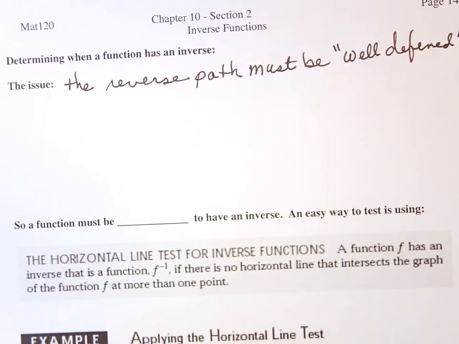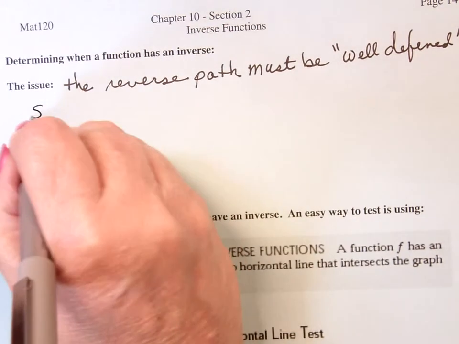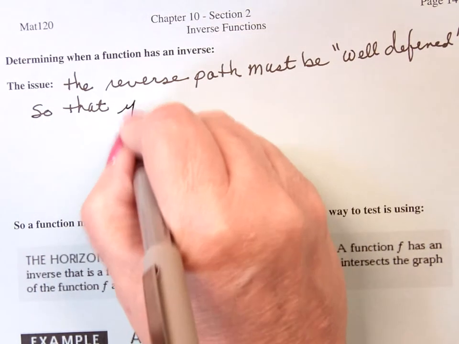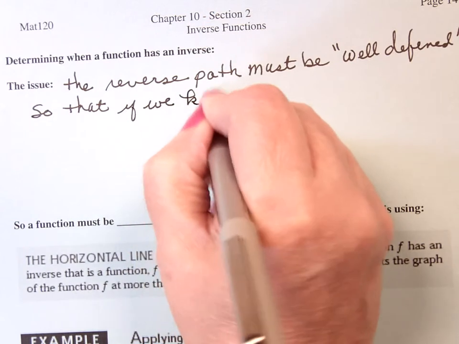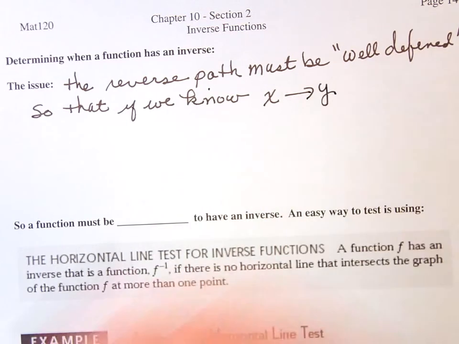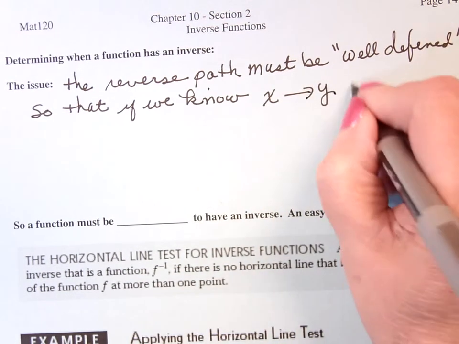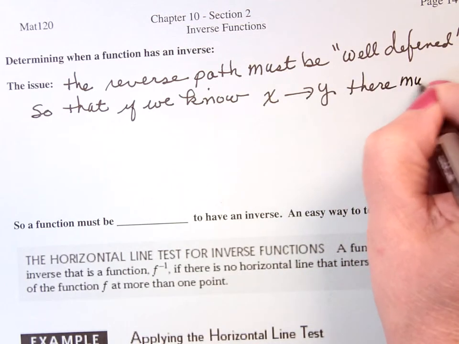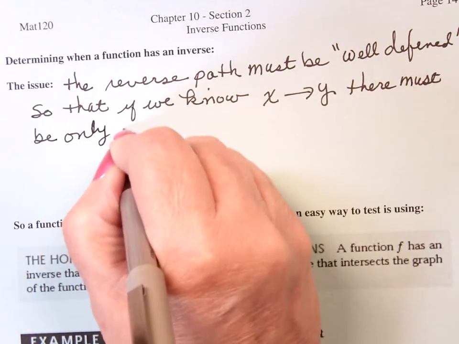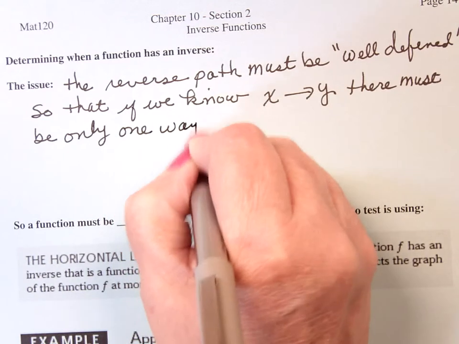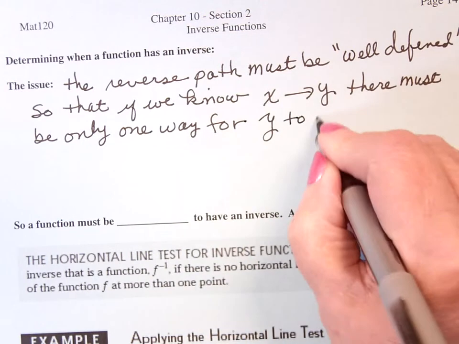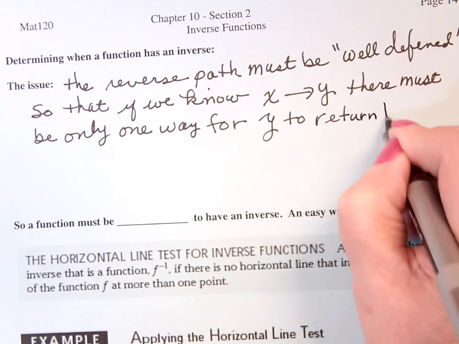The reverse path must be well defined so that if we know x goes to y, there must be only one way for y to return to x.